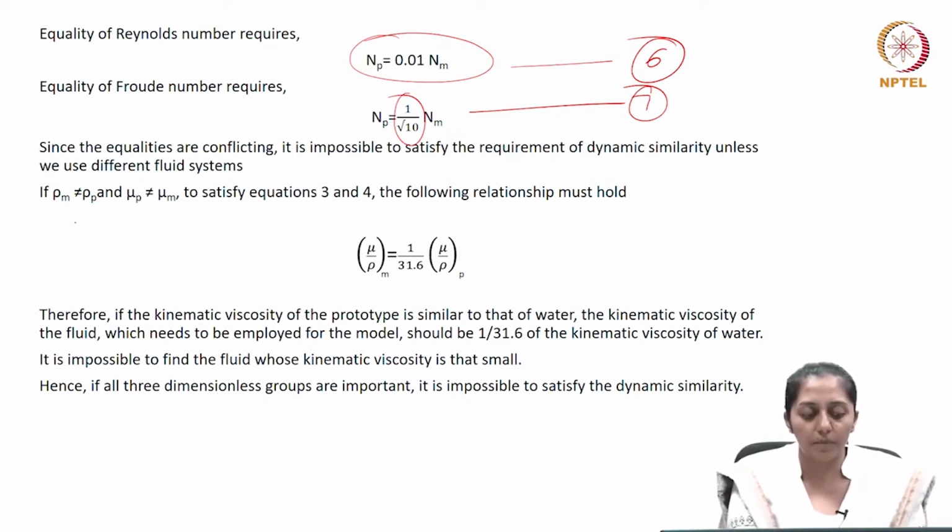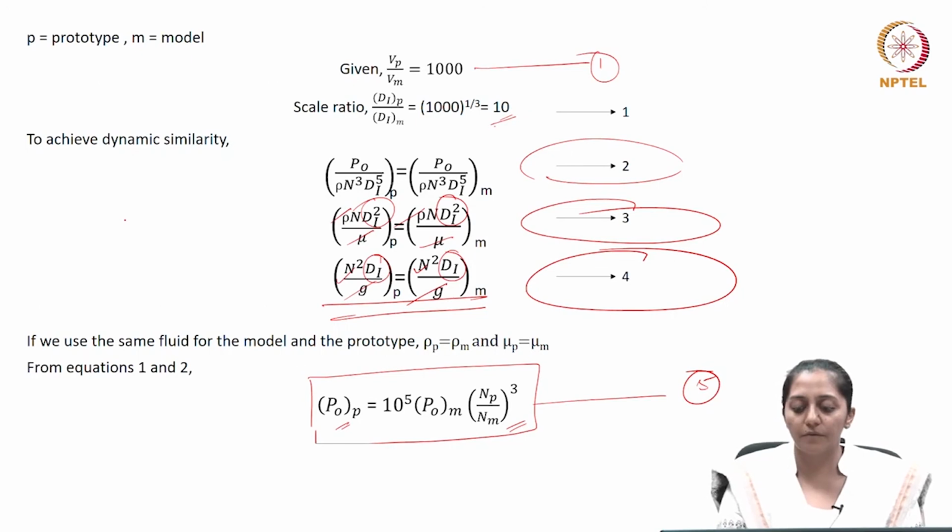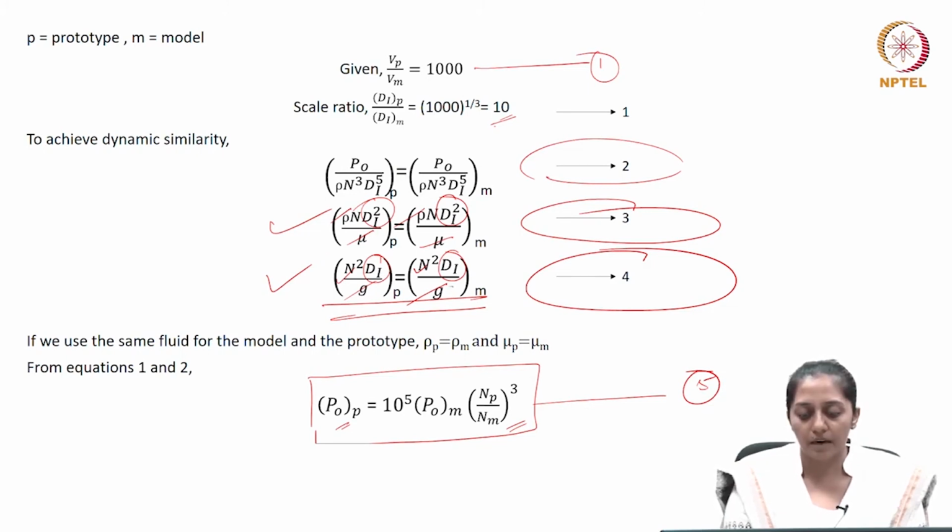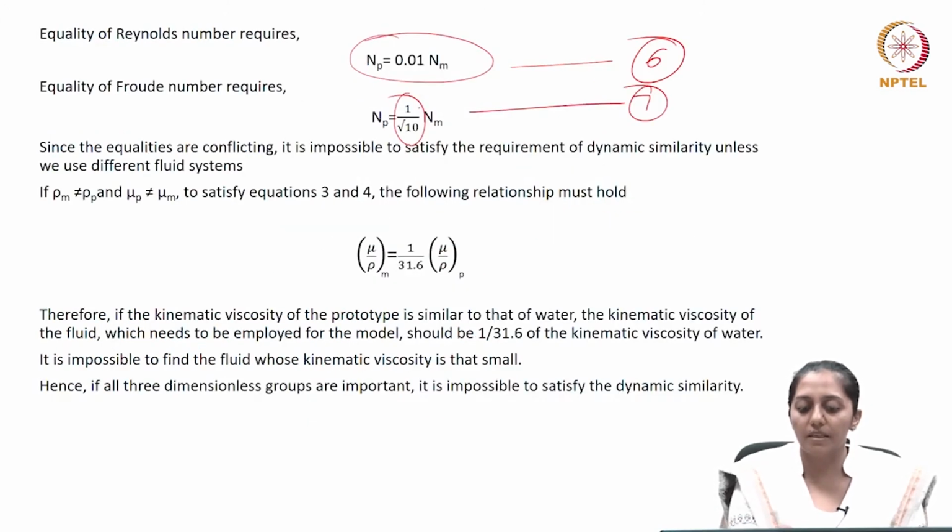So, if at the model and the prototype the density and the viscosity are unequal, then in equations 3 and 4 we look at the equality of Reynolds number and the equality of Froude's number. Here the gravitational constant is the same. So, we will get an equality that Np is 1 by square root of 10 times Nm.